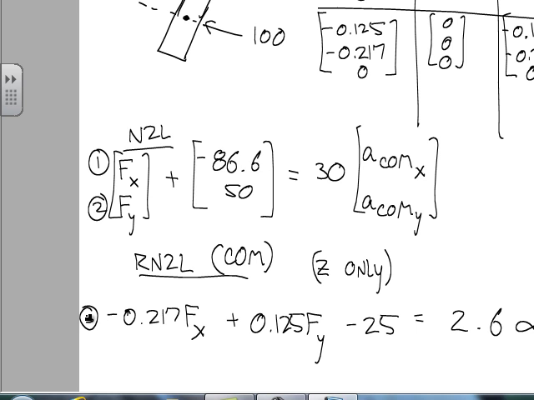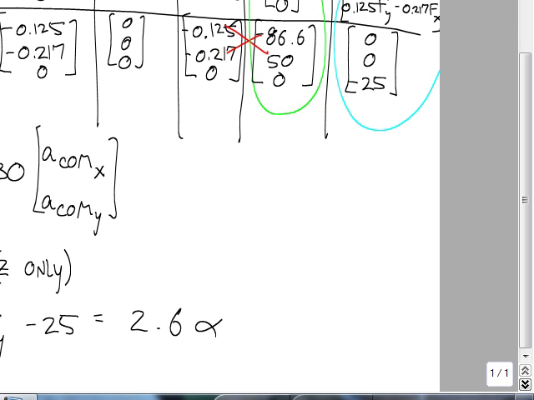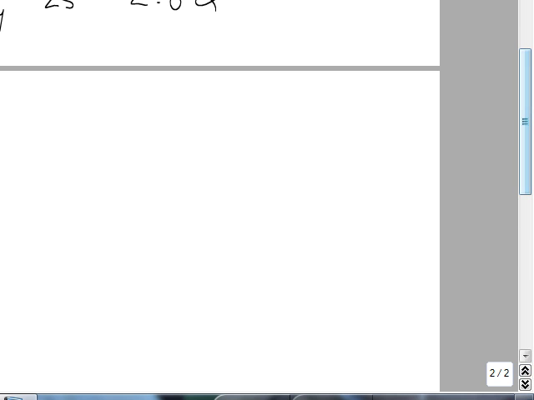Okay, so can we solve this system for alpha? No. We can't solve it because if you count up, this is the analysis you should always do when you have a system, and it's easy to do.